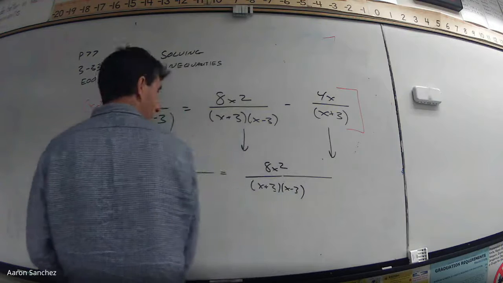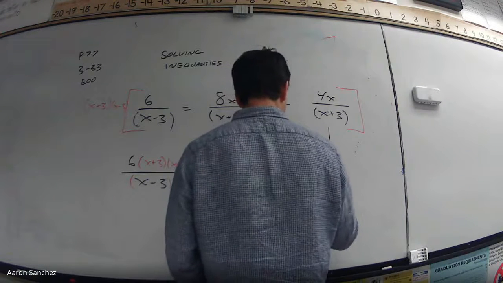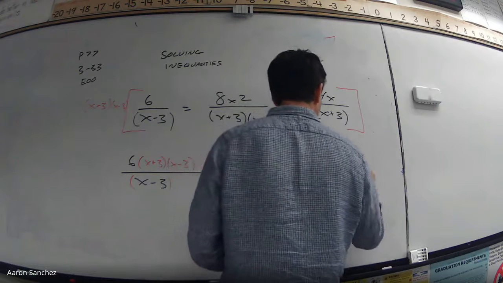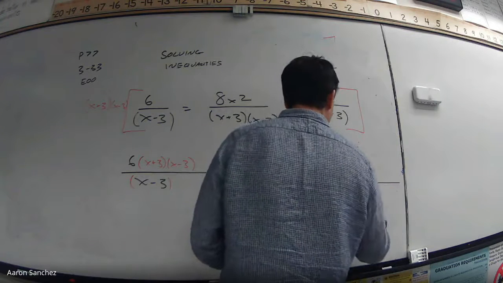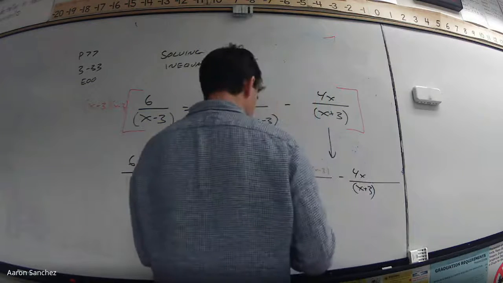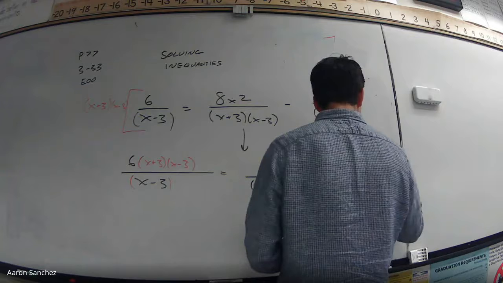And then this one we have x plus 3 times x minus 3, minus 4x over 3, and the numerator is going to be x plus 3 times x minus 3.